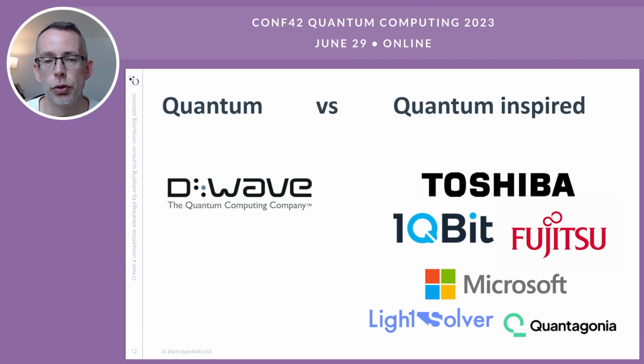Toshiba and Fujitsu have annealers. You can find Fujitsu's Digital Annealer and Microsoft Quantum Inspired Optimization on Azure. There are many startups working in this space. Quantagonia we have tested. We're currently talking to a company called LightSolver.